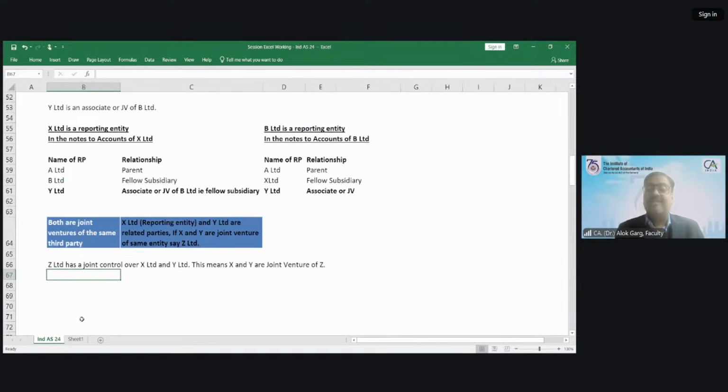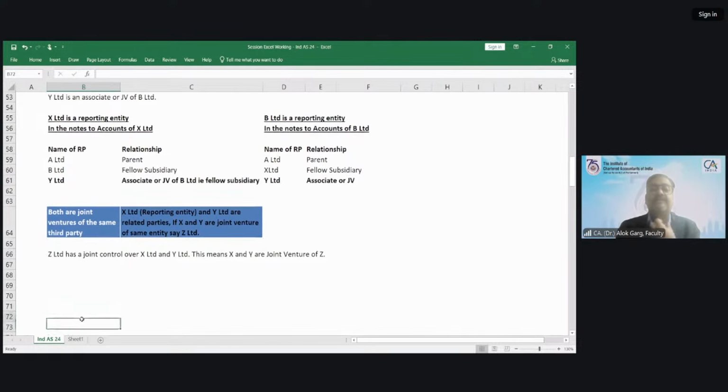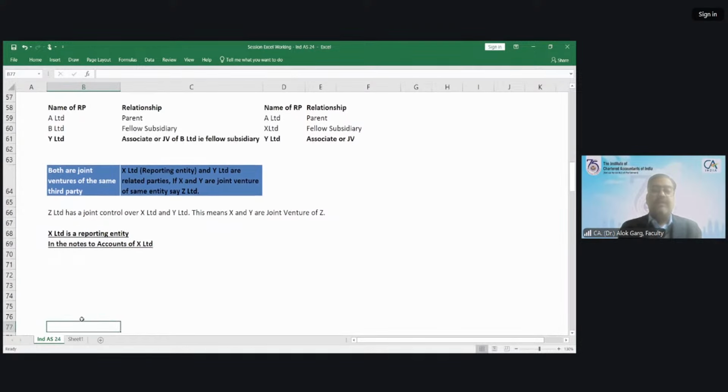So in this case, X and Y will become fellow JVs. X and Y will become related parties. What will happen in the notes to accounts of X Limited? Who will be the related parties in the notes to accounts of X Limited?